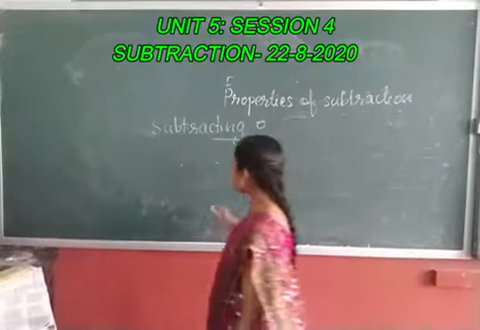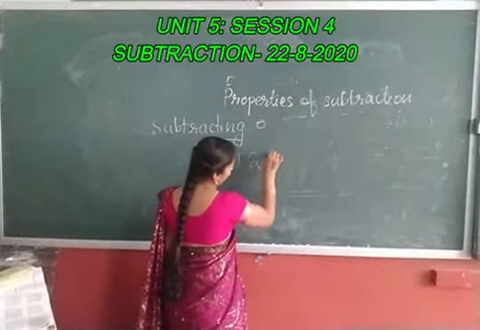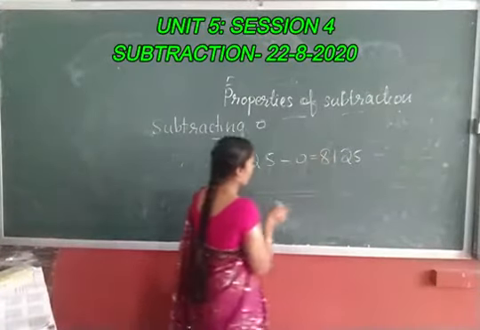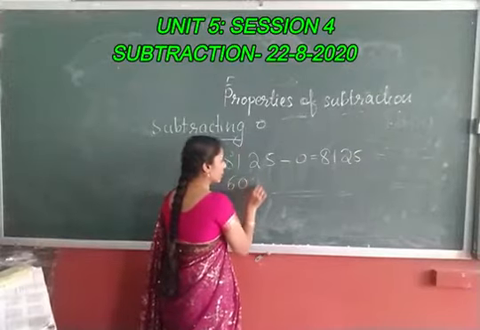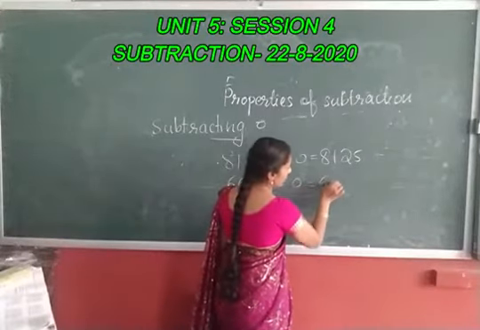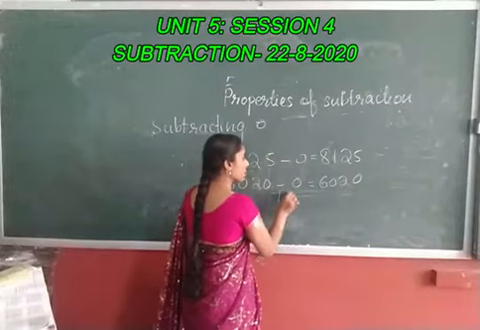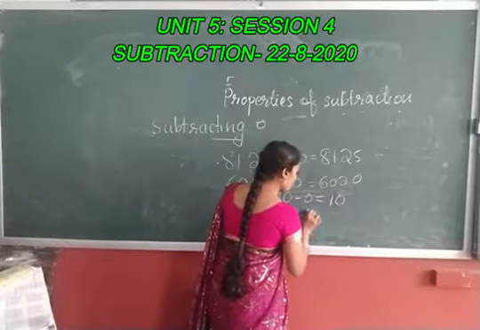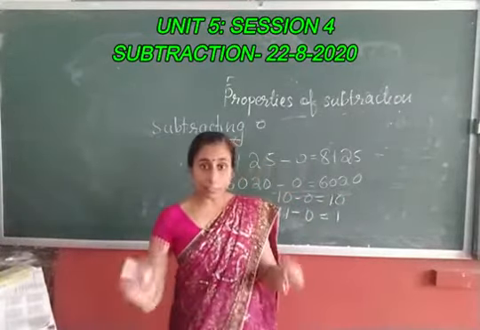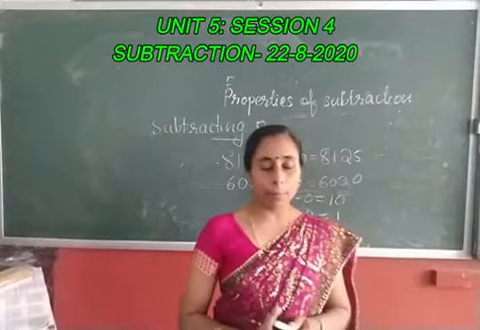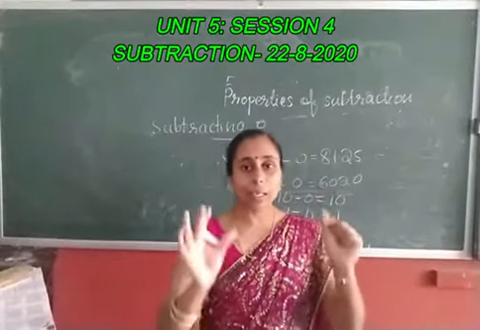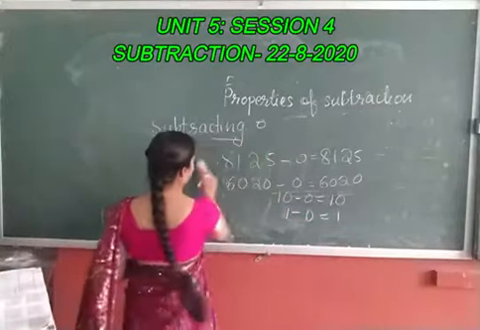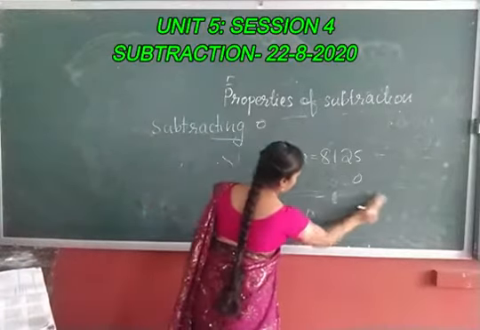That is the way. 8,125 minus 0 is equal to 8,125. 6,020 minus 0 is equal to 6,020. 10 minus 0 is equal to 10. 1 minus 0 is equal to 1. Whenever we subtract 0 from a number, we always get the number itself. Next one, subtracting 1.